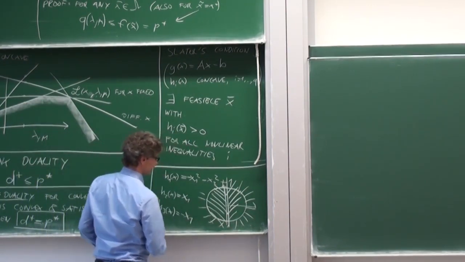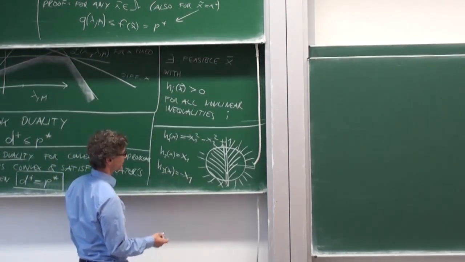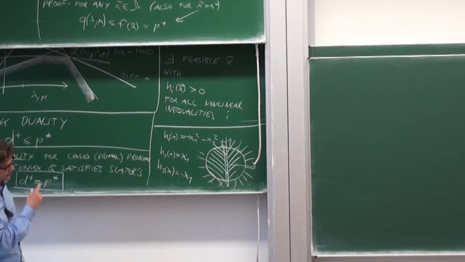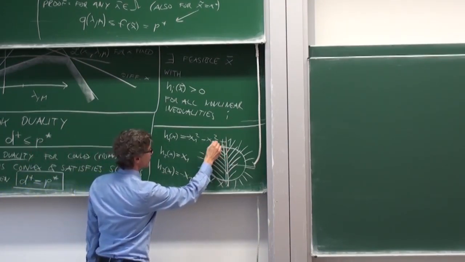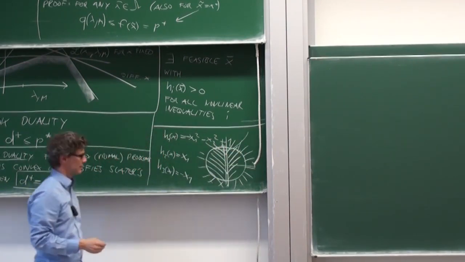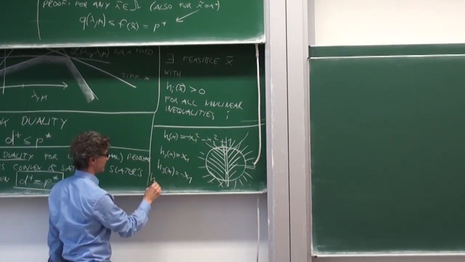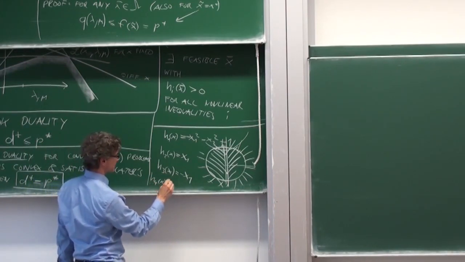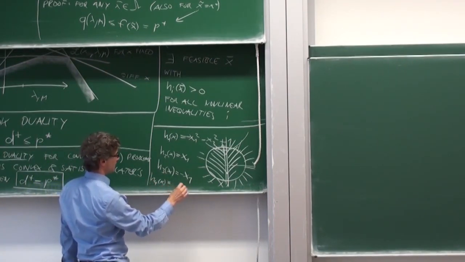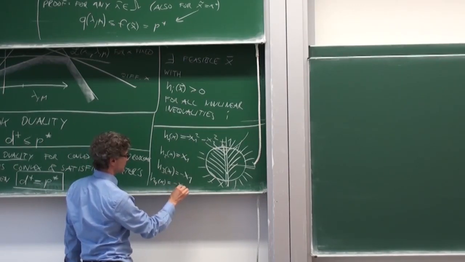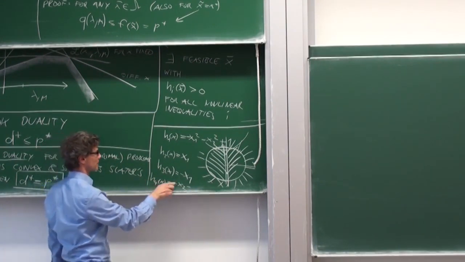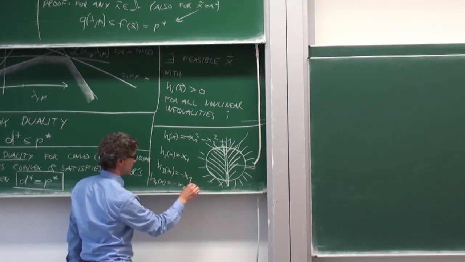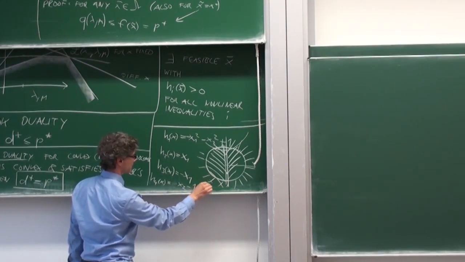But if I now would do something really nasty and I would add some other constraint, namely another curved constraint that, for example, cuts out all the points which are below this parabola. So I would add another h4 of x, which says that x2 should be bigger than 1 plus x1 squared.